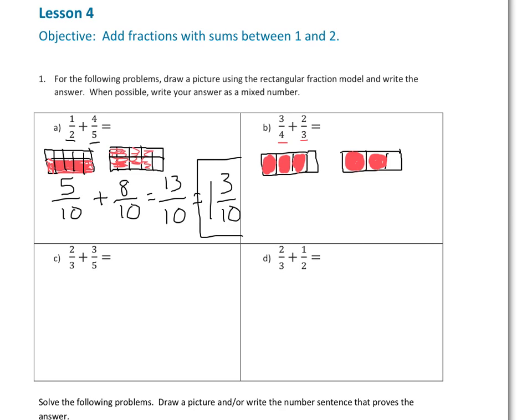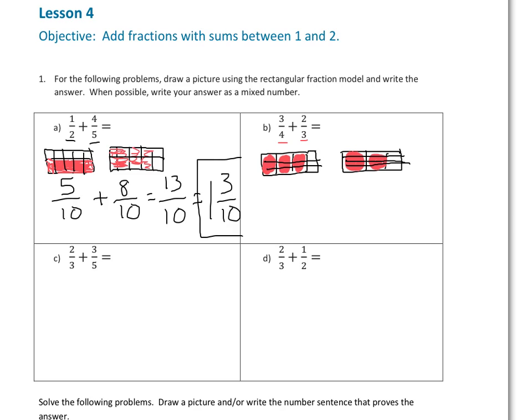Let's start with 3/4. It's already split into 4 pieces, so if I draw one line across here and one line across here, I now have a total of 12 pieces. Over here, it's drawn into 3 pieces, so I need to draw 3 lines across. And now I have 12 pieces there as well.